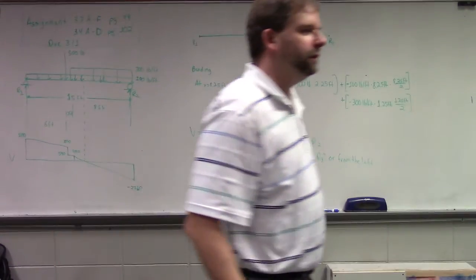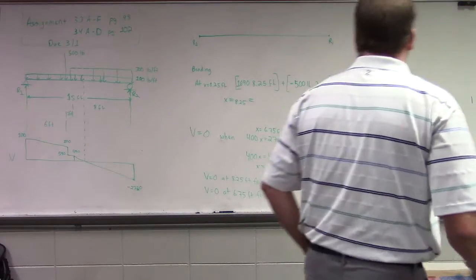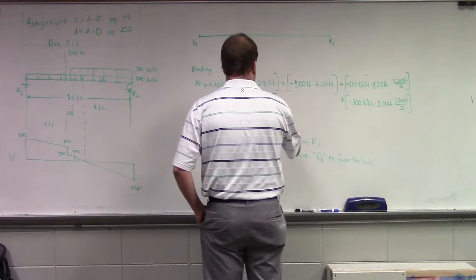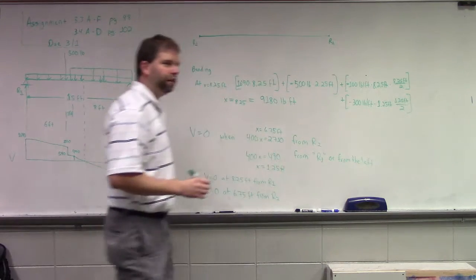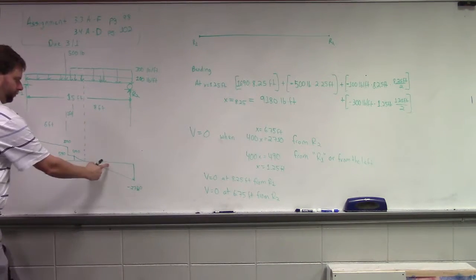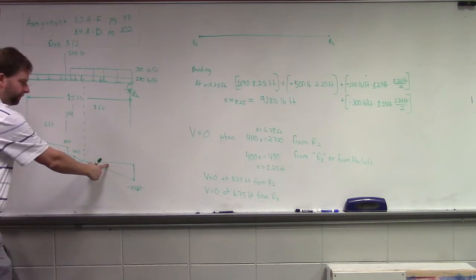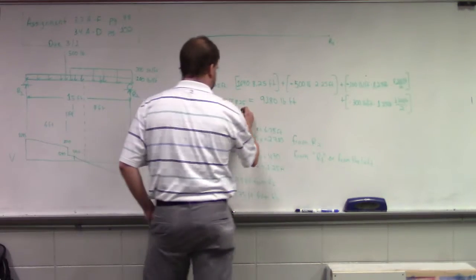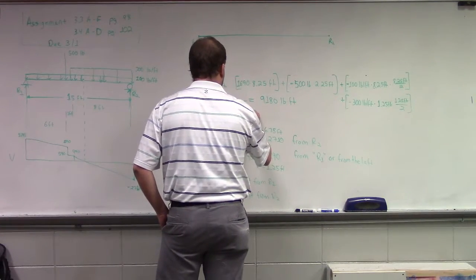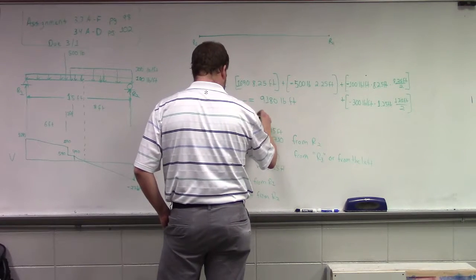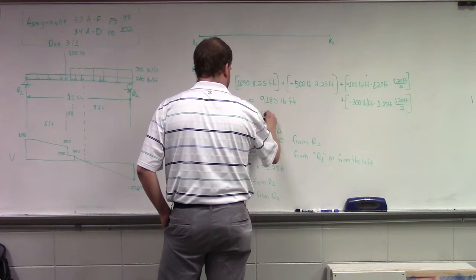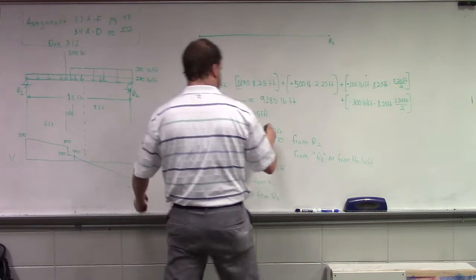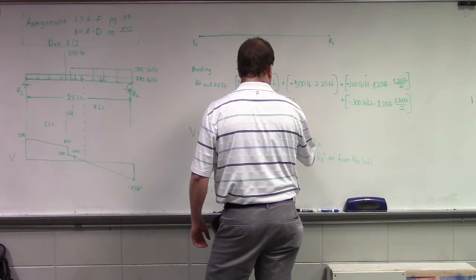I got 9180. I don't know if that's right. How can we check it? Find the area of this triangle, right? One half times, what did you say it was? R2, 6.75 feet, times 2,710 pounds.